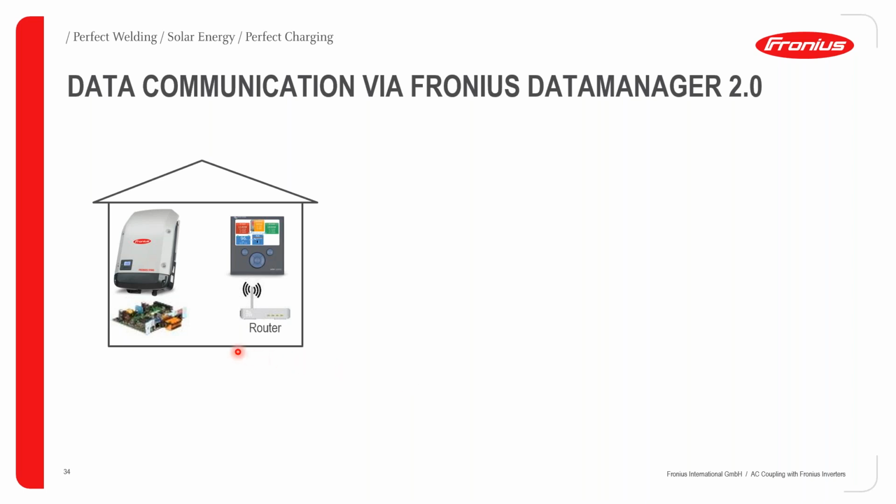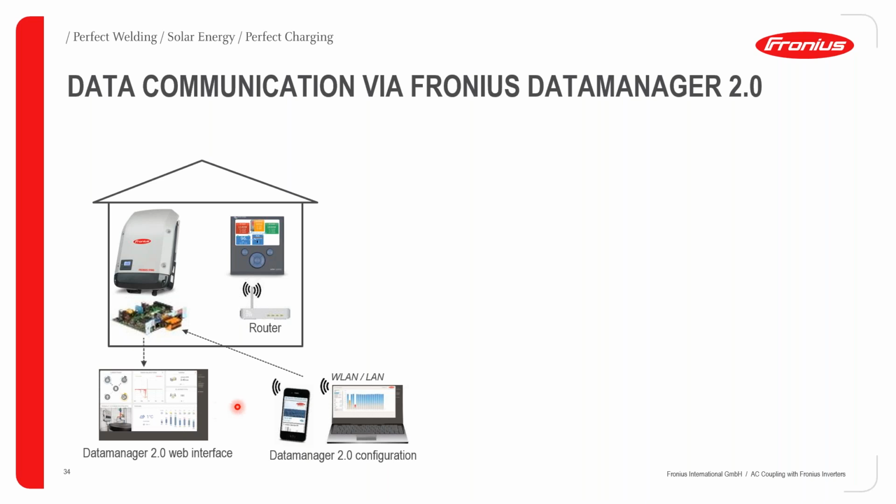This is possible via the data communication medium, in Fronius's case, the data manager. Once it's been set up and commissioned, you would be able to bring it up to the SOLAR.WEB, which is a Fronius database, from which you can view the performance of the system from wherever you are in the world.